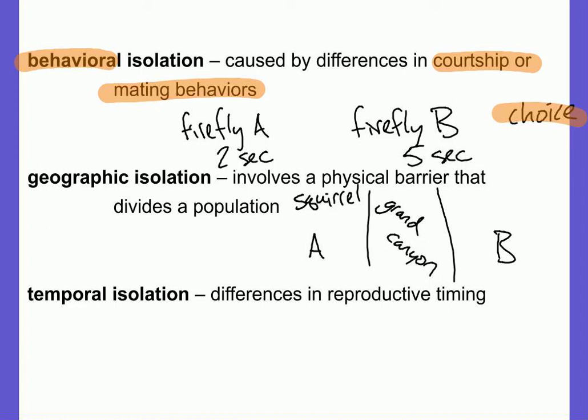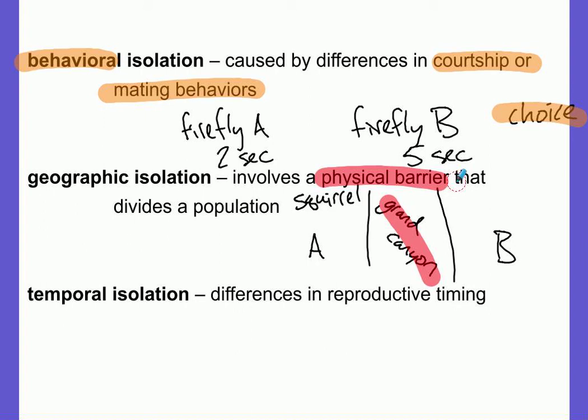In this case, it's a canyon, that isolates them. And it's big enough to keep them separate from each other. You couldn't just have a small crack in the ground and assume that they couldn't jump across it. But if it's big enough to separate those two populations and keep them separate, they can end up reaching that reproductive isolation and become new species, like we mentioned earlier.